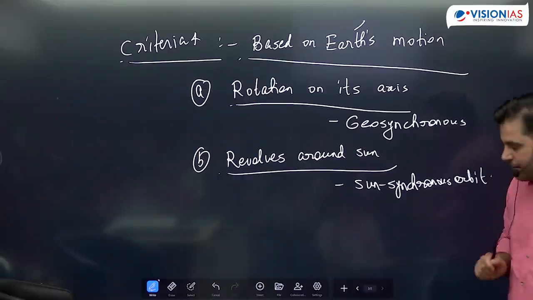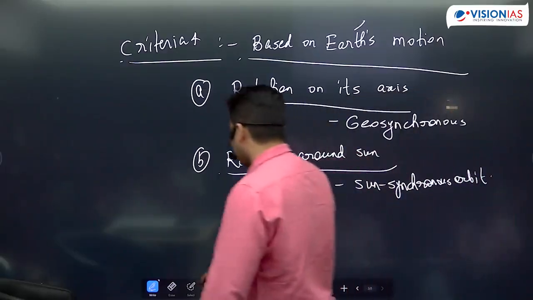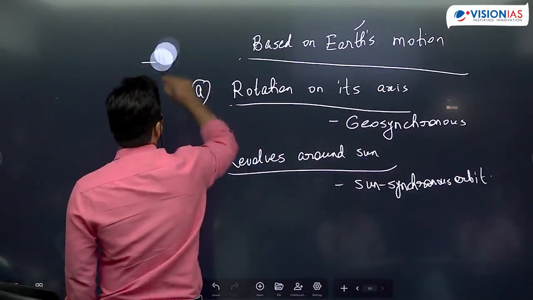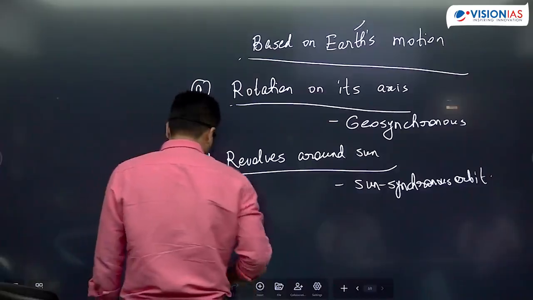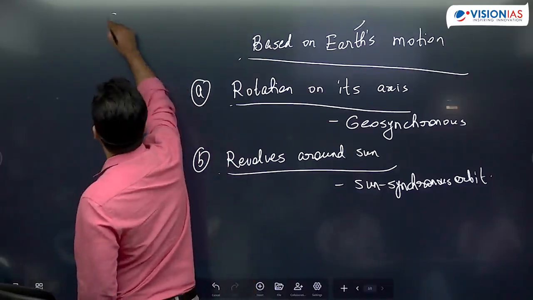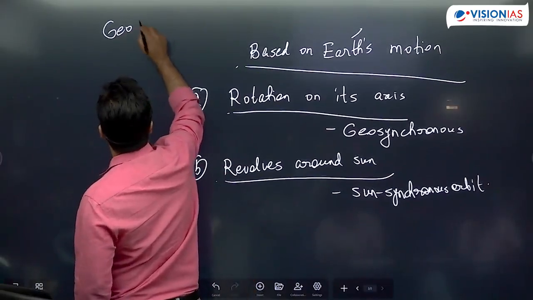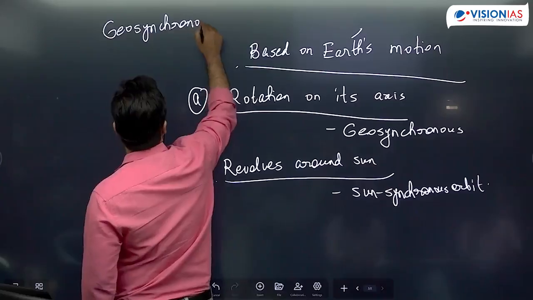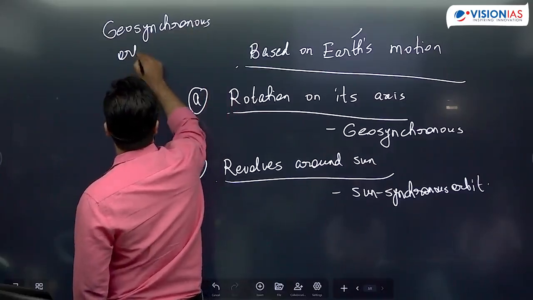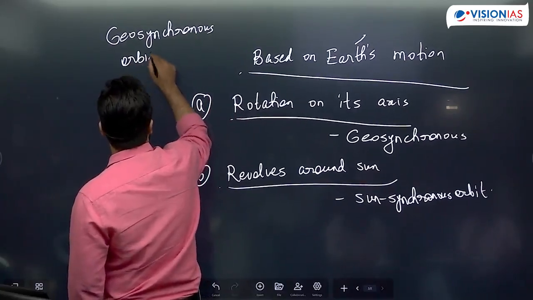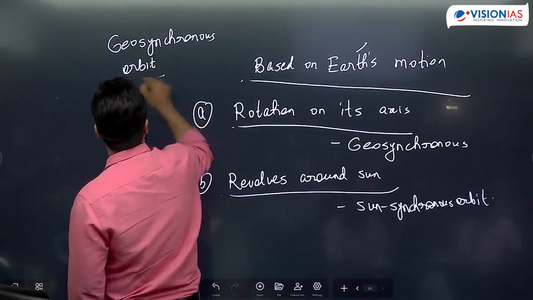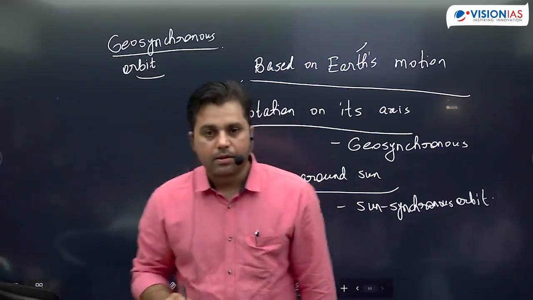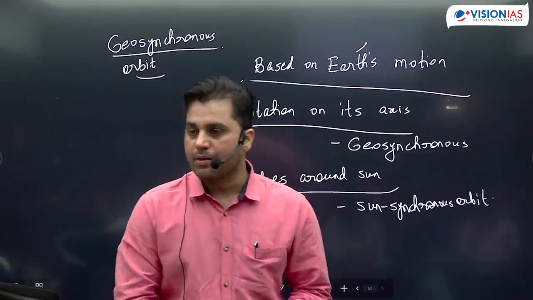So give the first heading, geosynchronous orbit. Geo means Earth, and synchronous means we are talking about some sort of synchronization with Earth.